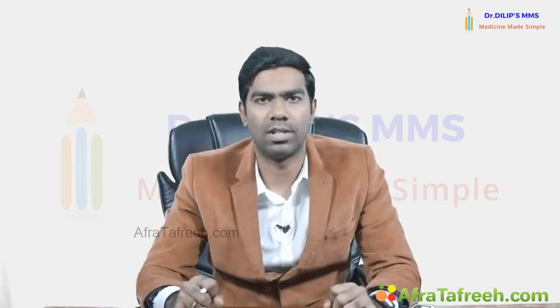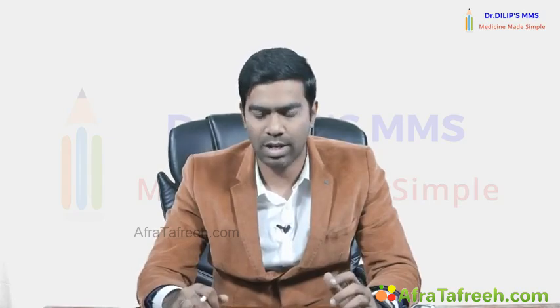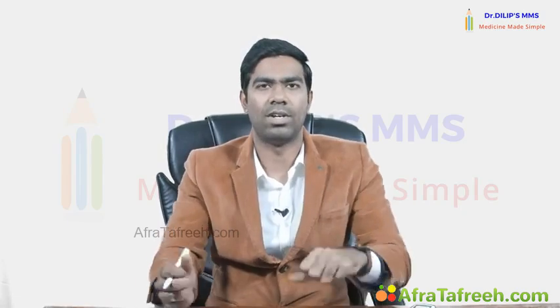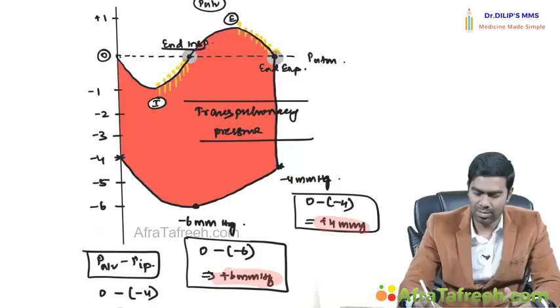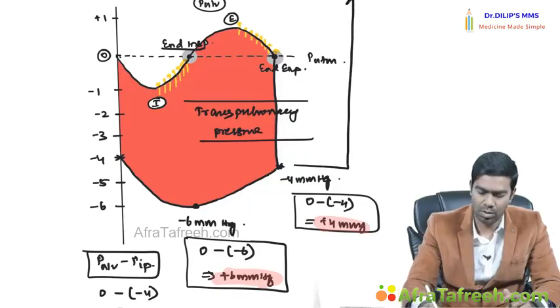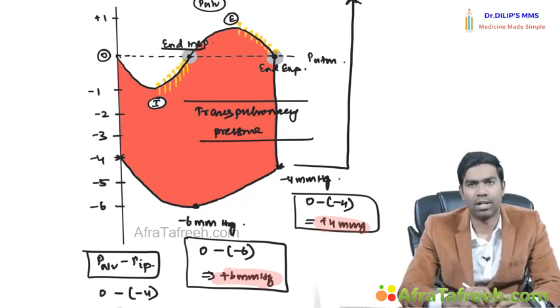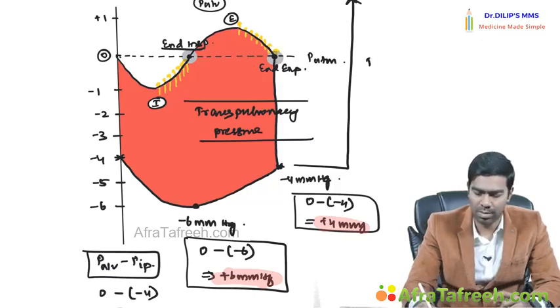That's what we call the transpulmonary pressure. Clear? Suppose if the intrapleural pressure is going to go over the alveolar pressure, your transpulmonary pressure is going to become either 0 or negative.